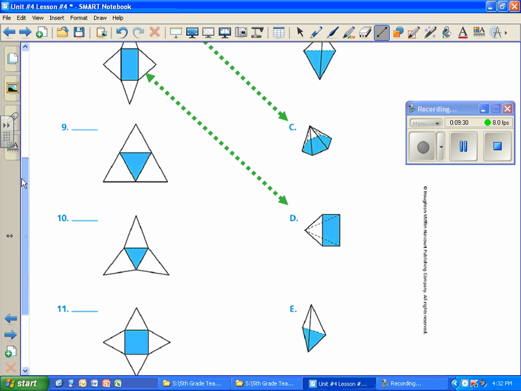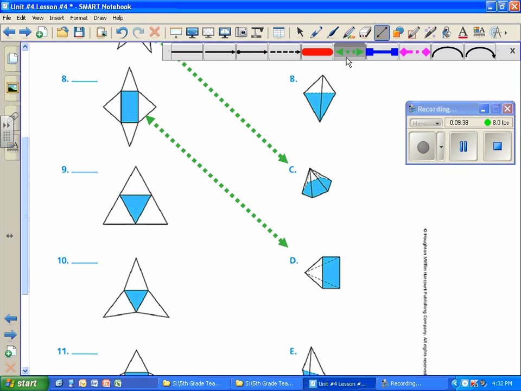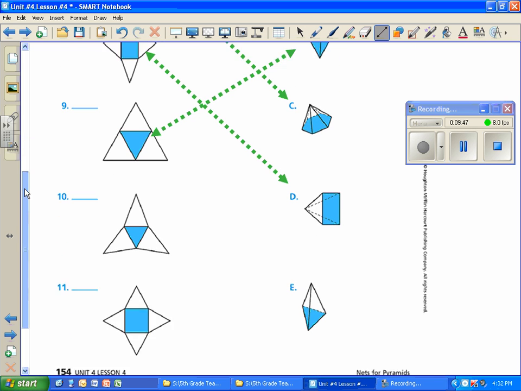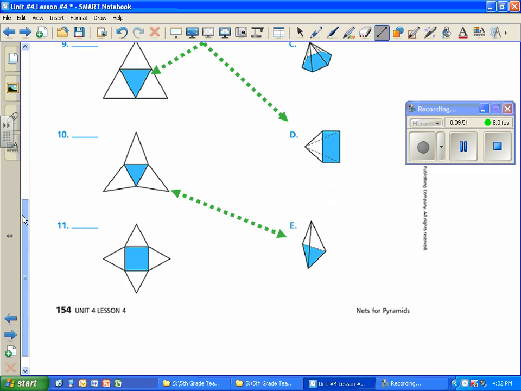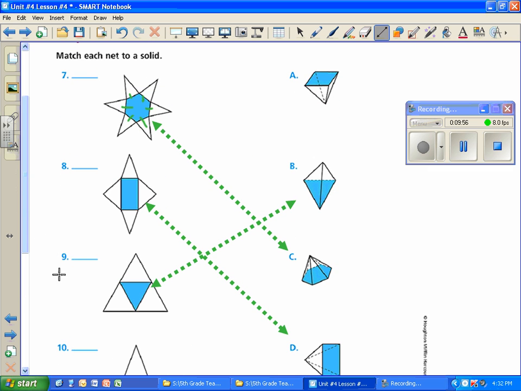However, B is the correct answer for number 9. Look at the size of it. And then number 10 would be E. And last but not least, number 11 would be way at the top, letter A.